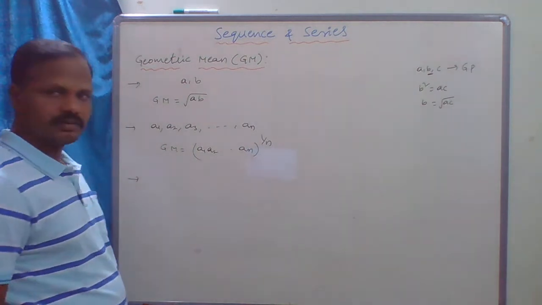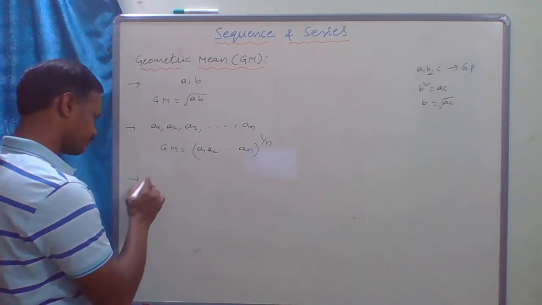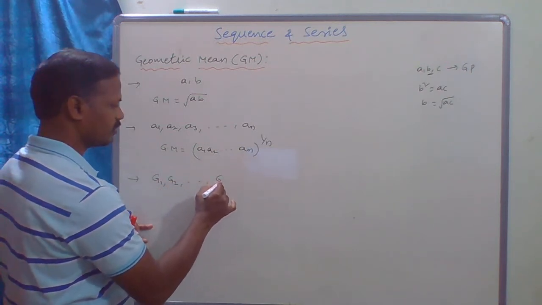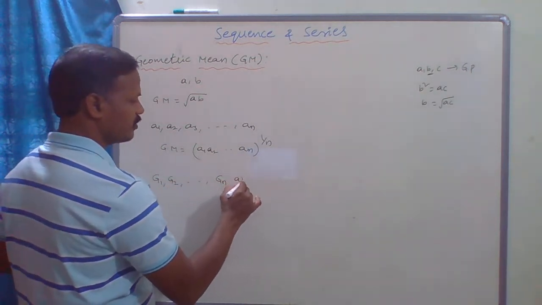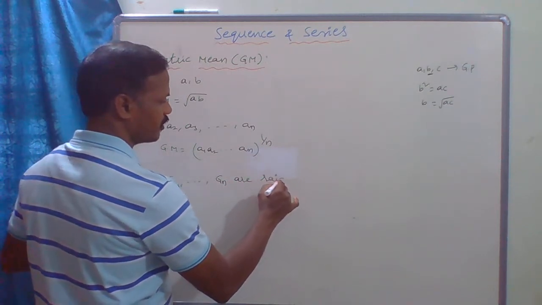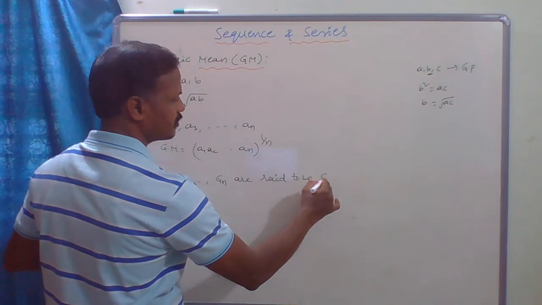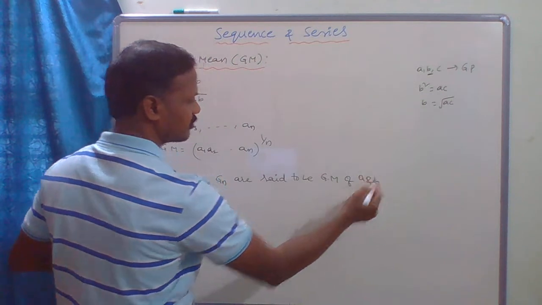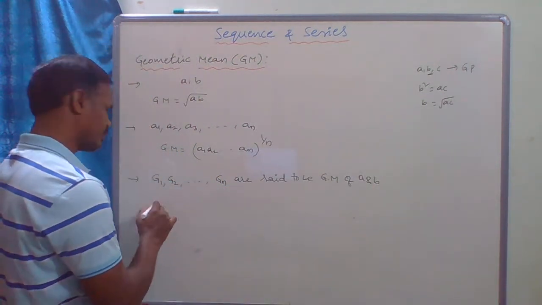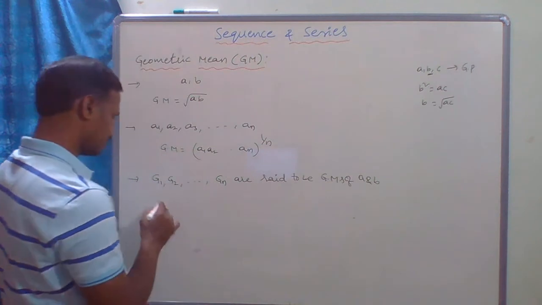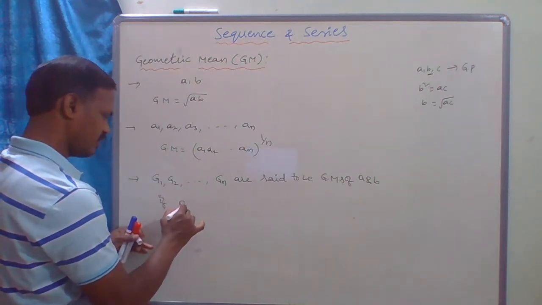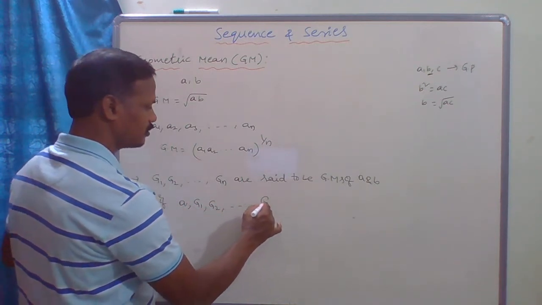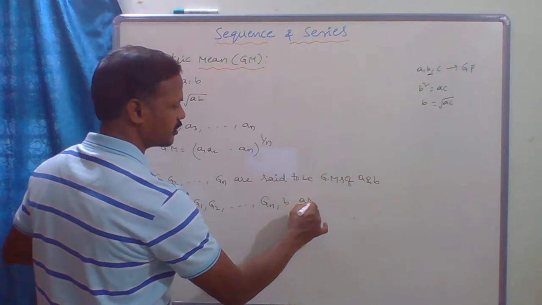Next, the numbers G1, G2, so on, Gn are said to be geometric means of A and B if A, G1, G2, so on, Gn, B are in GP.